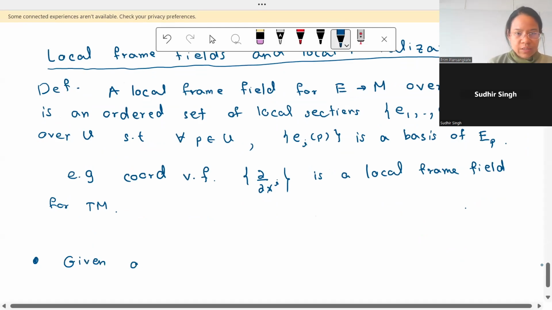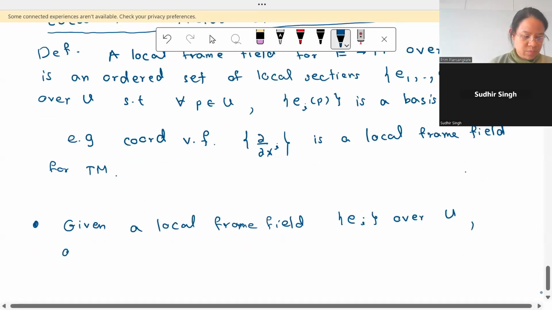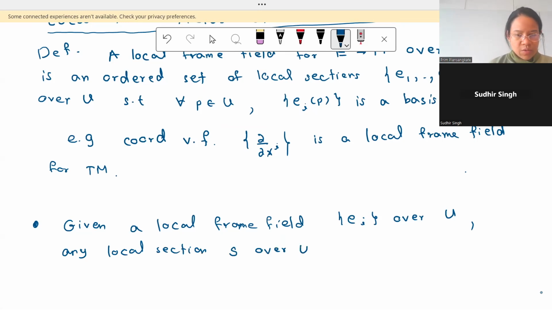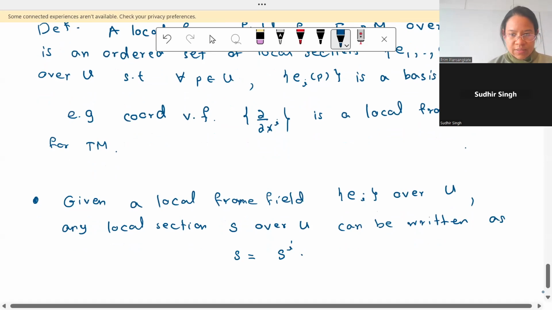So given a local frame field over U, then any local section S over U can be written as like this.